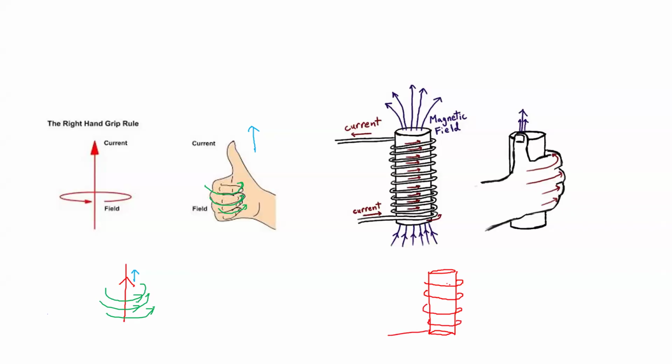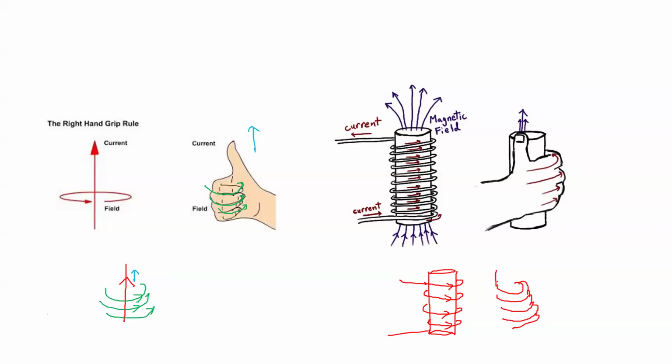Suppose this is the direction of the current. You put your right hand in the thumbs up action, so the four fingers are along this rotation, as shown in this hand also.